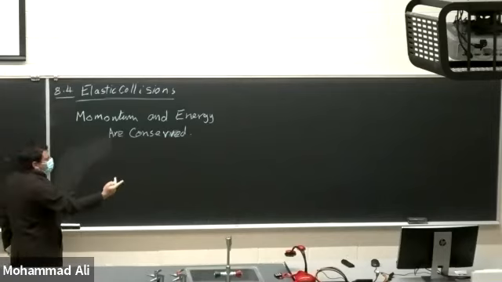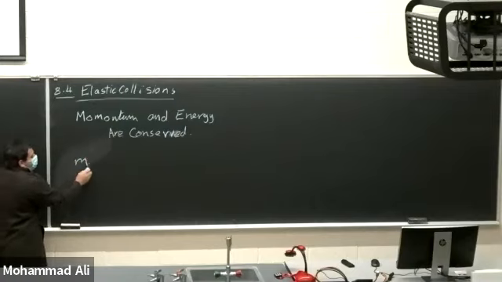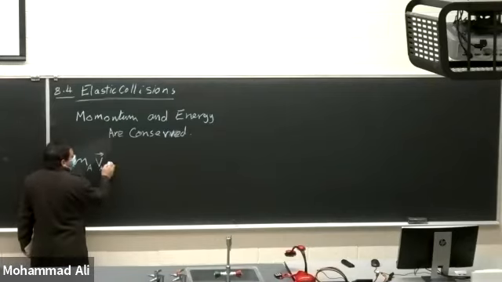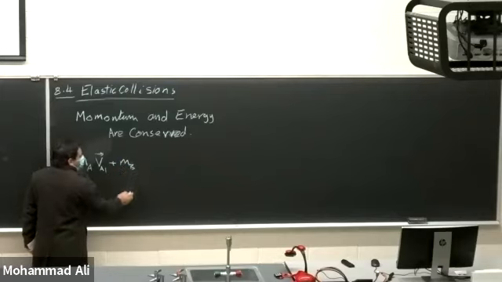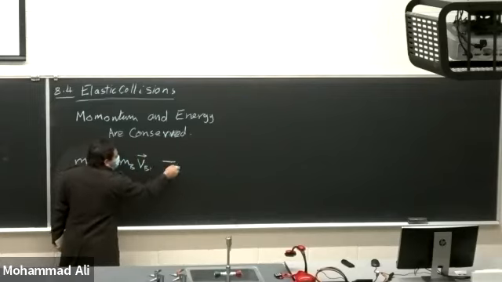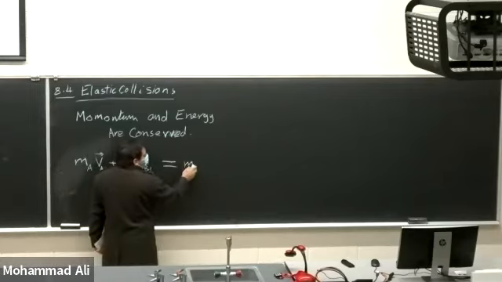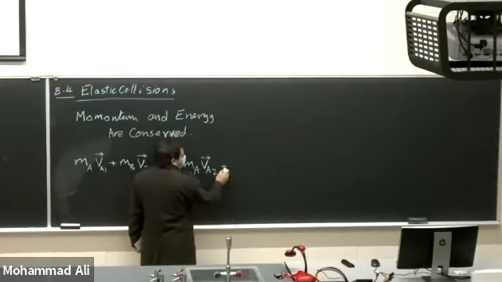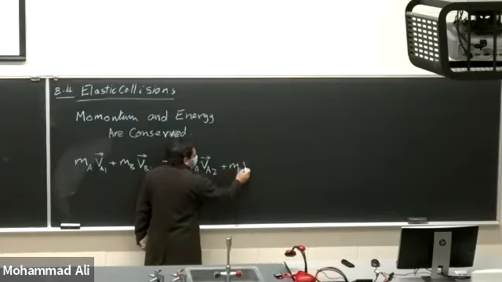So for 2 objects, we have first the mass of object A, for example, multiplied by its velocity before the collision, plus the mass of object B multiplied by its velocity before the collision, is equal to the mass of A multiplied by its velocity after the collision plus the momentum of the second object B after the collision.